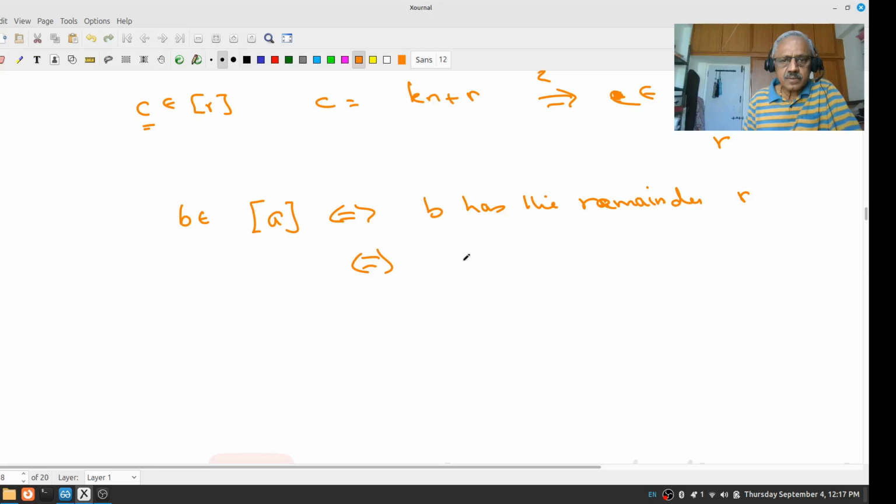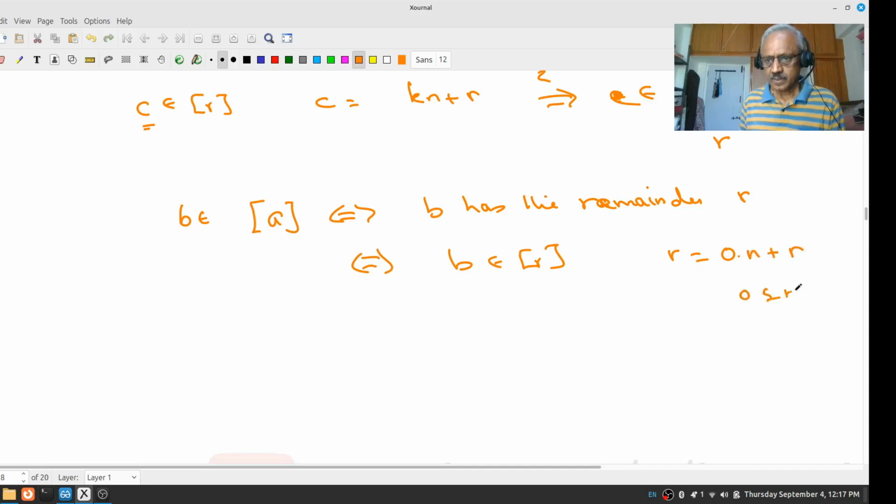But that means B has to be in R. Because when does an element belong to this R? R itself is 0 times n plus R. There is only one way of writing it, right? This is unique. Therefore, the remainder when divided by n has to be R. Yeah, of course, the condition on R is this.